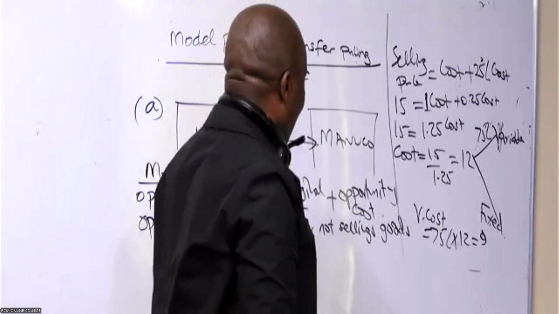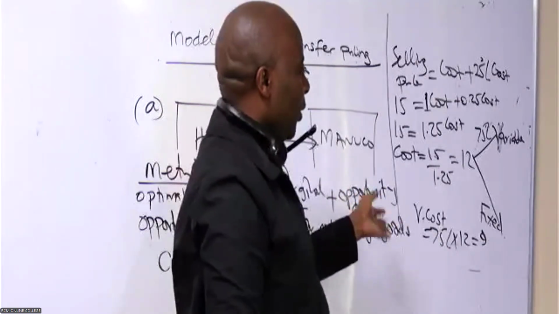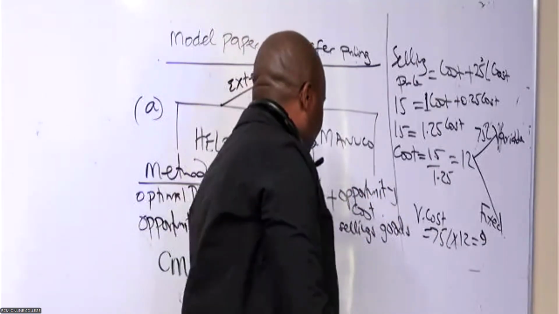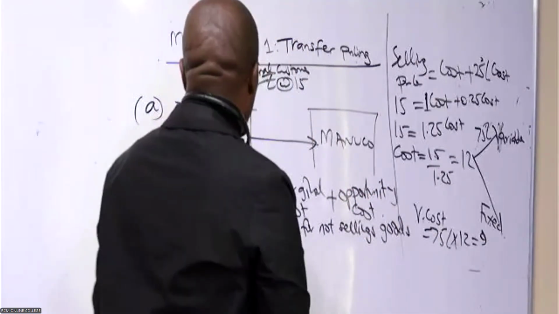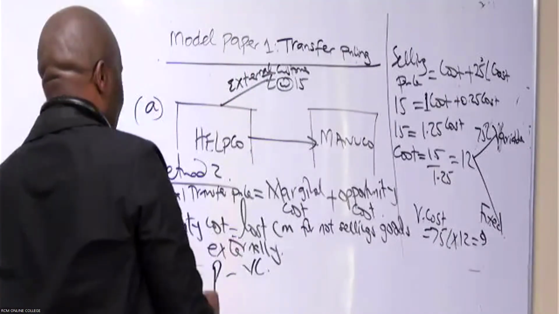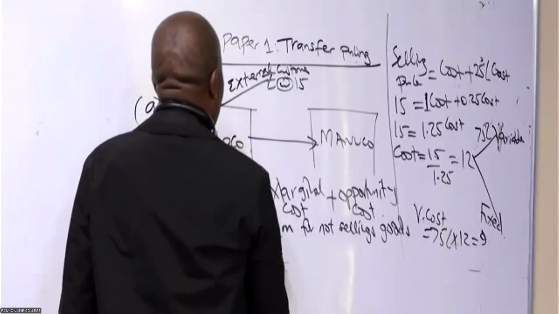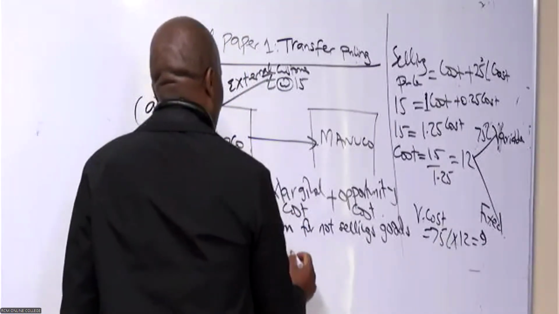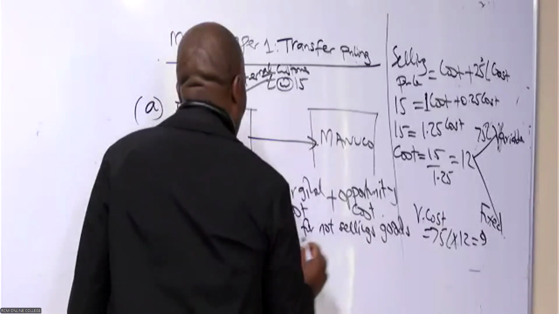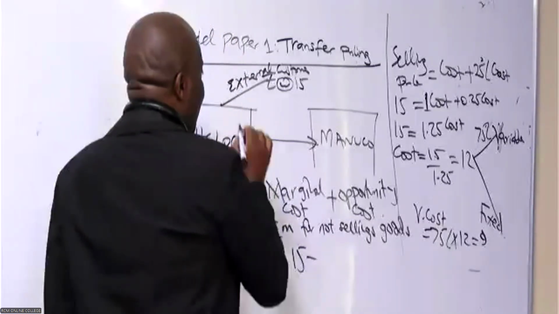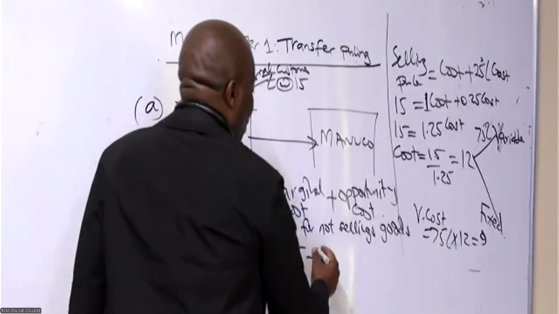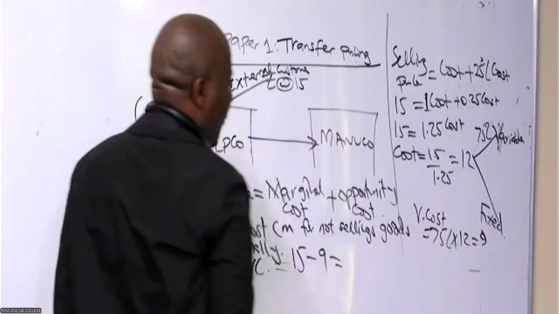Because I'm doing marginal costing, I don't need fixed cost. So now give me this contribution margin to be lost. When you are selling to external customers, we fetch a price of 15 versus our variable cost of 9.